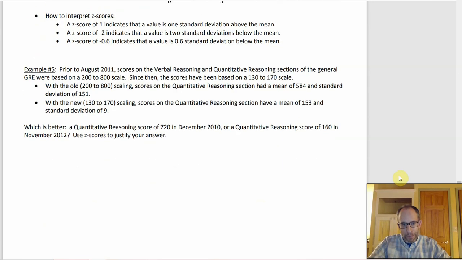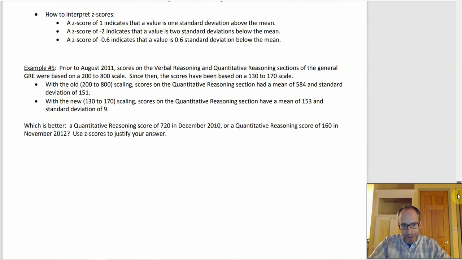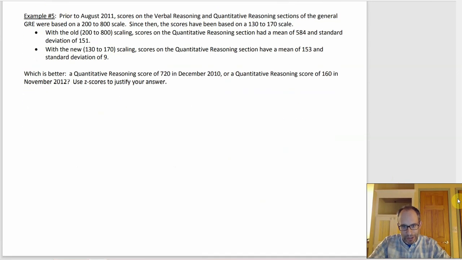All right, so mainly what we're going to be concerned with is comparing values from different distributions. In this example, I had to use the GRE, because the new scoring system I find very perplexing and arbitrary and strange. Before August 2011, the scoring system was like the SAT, with a low of 200 and a high of 800, which still feels a little arbitrary, but at least that's one that's been floating around for a while.